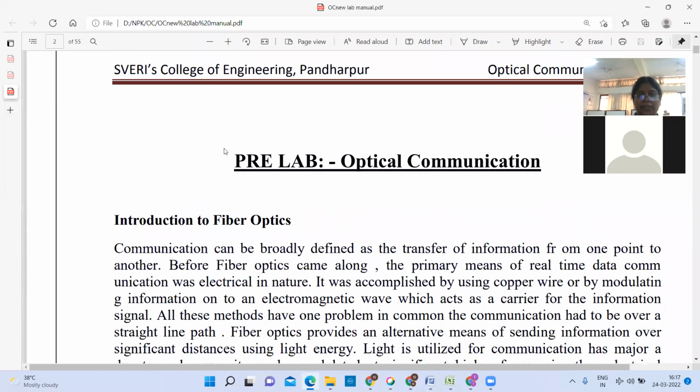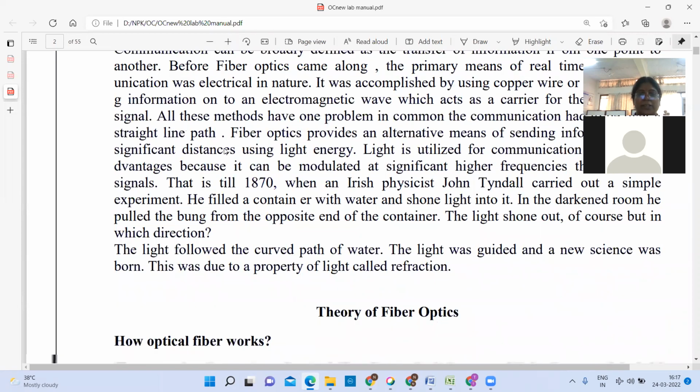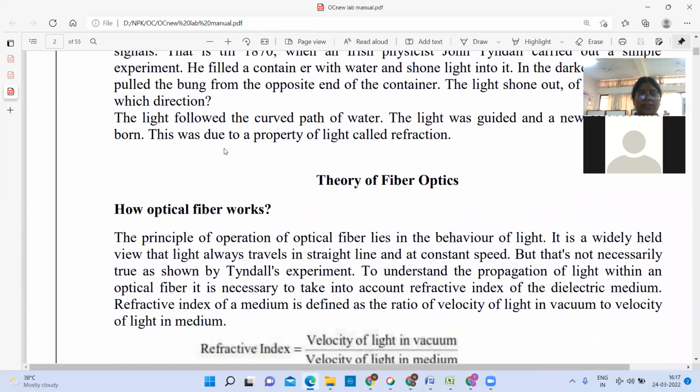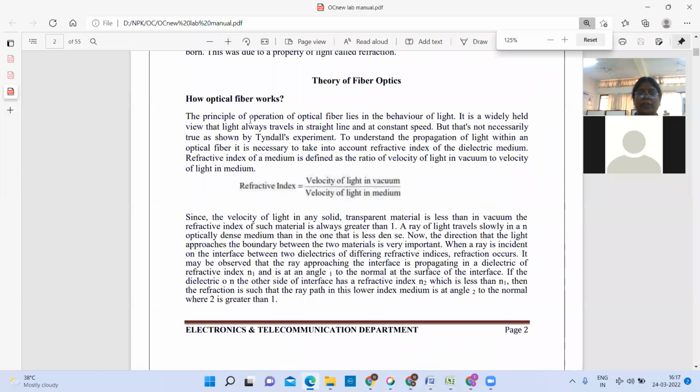Then theory of fiber optics, how the optical fiber works. If you go through these points one by one, you will get most of the useful points related to optical fibers.